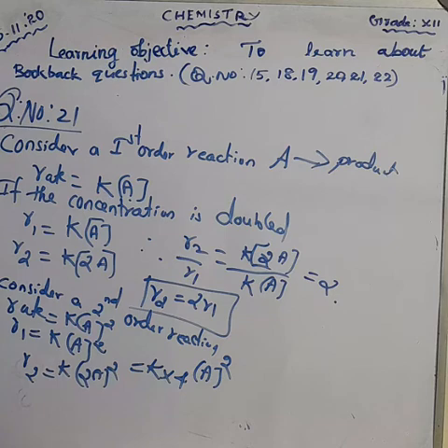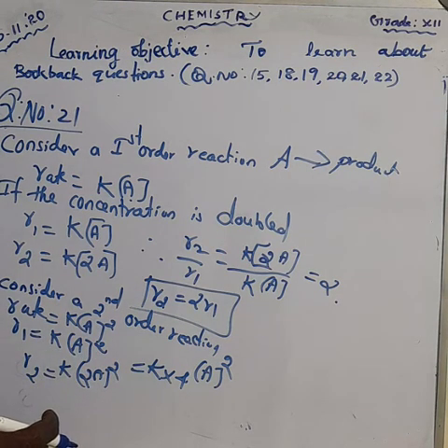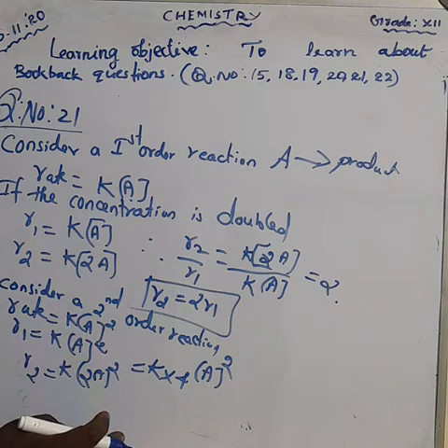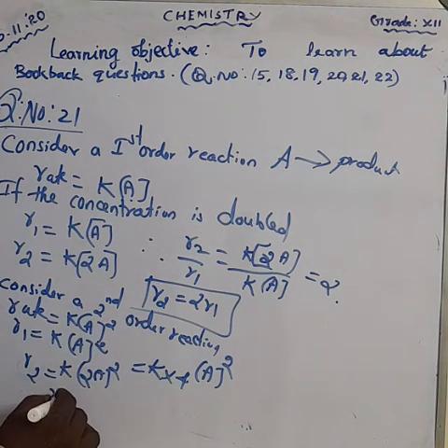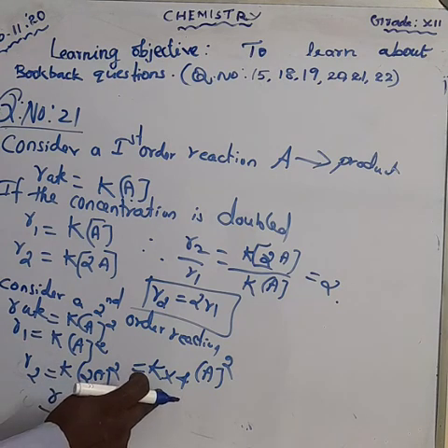That is equal to K into 4A squared. So we write R2 by R1. What is R2?